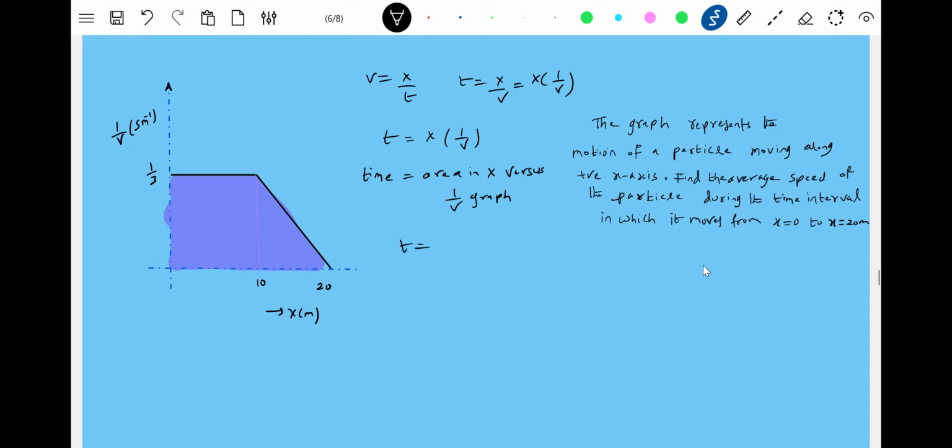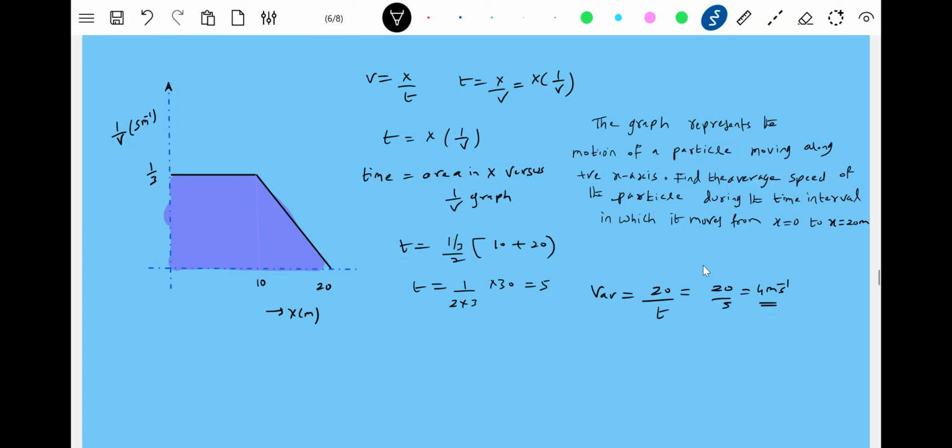Area of the trapezium: height 1 by 3, sum of parallel sides 10 plus 20. 1 by 2 into 1 by 3 into 30, that is 5. Then what is the average speed equal to distance covered, 20 by time. 4 meter per second.